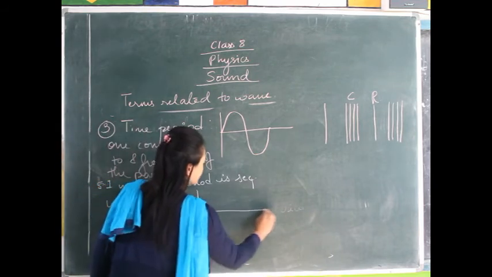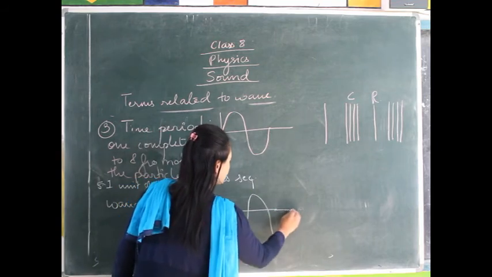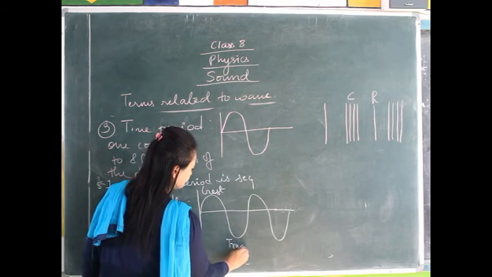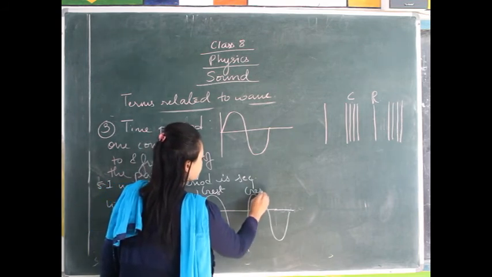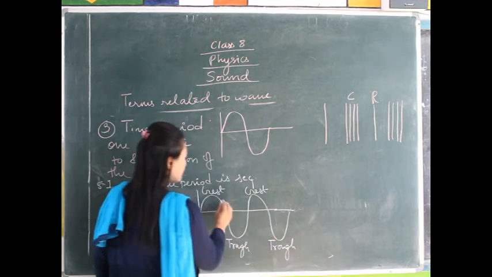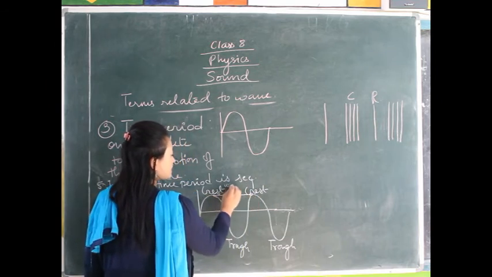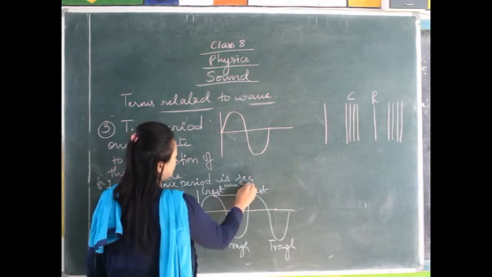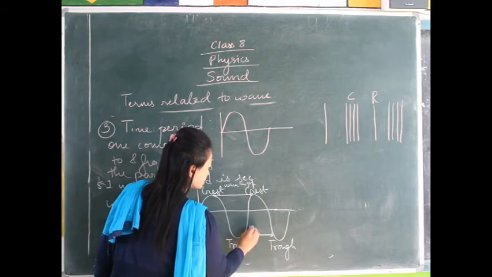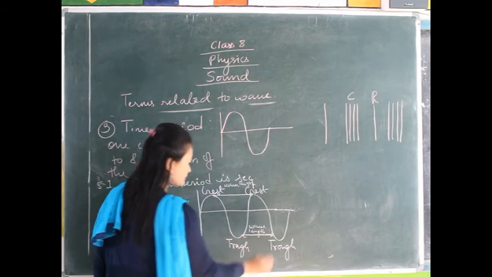Okay, what does this mean? Now see here, up and down. Up means crest, down means trough. So the distance between two crests is called wavelength, or the distance between two troughs is also called wavelength in case of transverse wave.